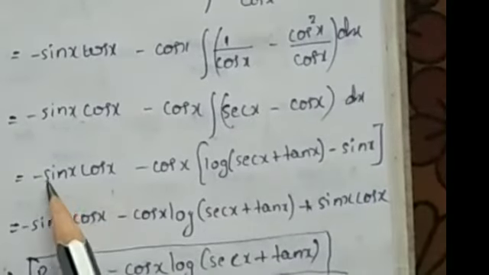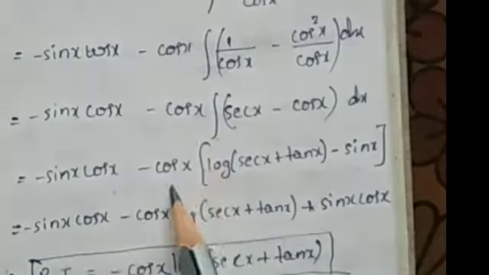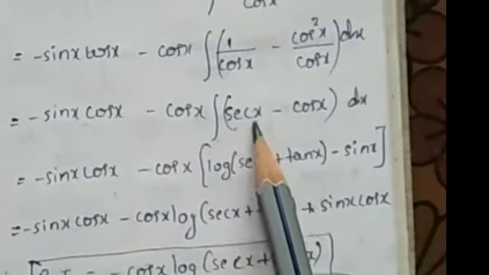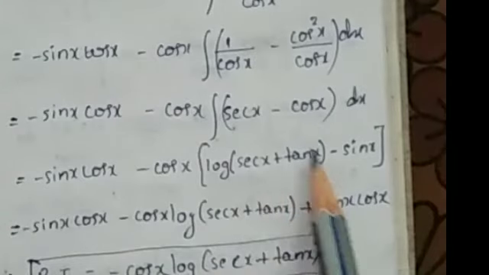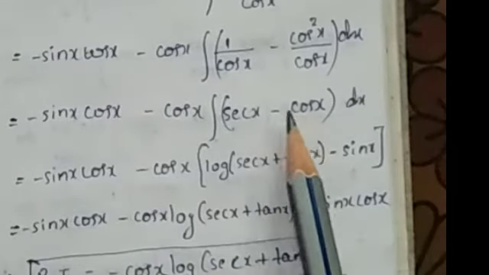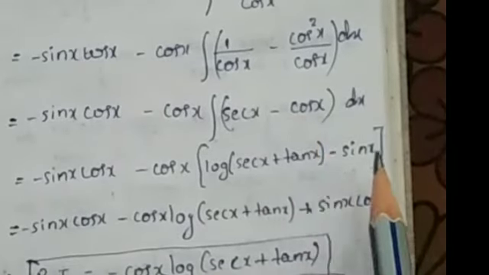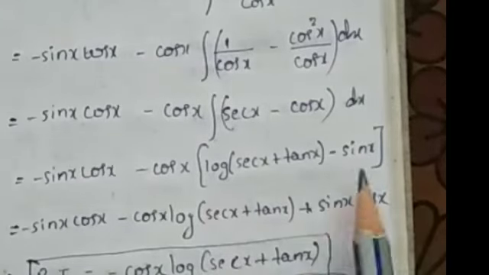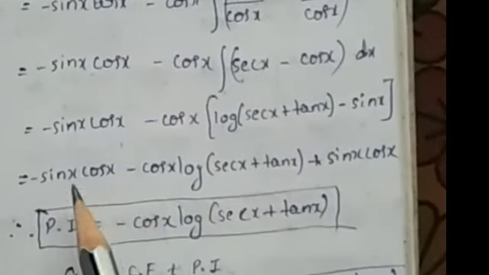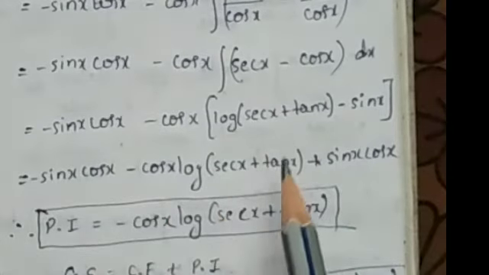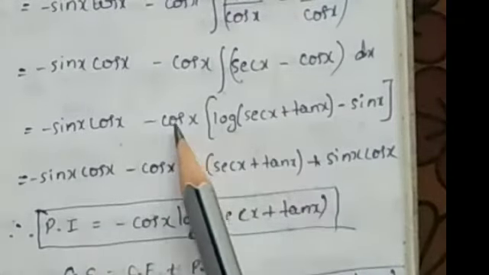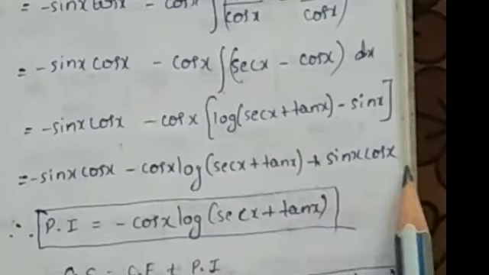So minus sin x cos x minus cos x, integration of secant x is log of secant x plus tan x, minus cos x integration is sin x. Then splitting these, you get minus sin x minus cos x log of secant x plus tan x, minus into minus plus sin x cos x.